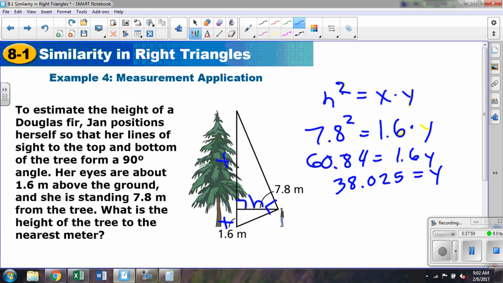That is not the height of the tree. That is just here. We'd still have to add on that last 1.6 to get 39.625.